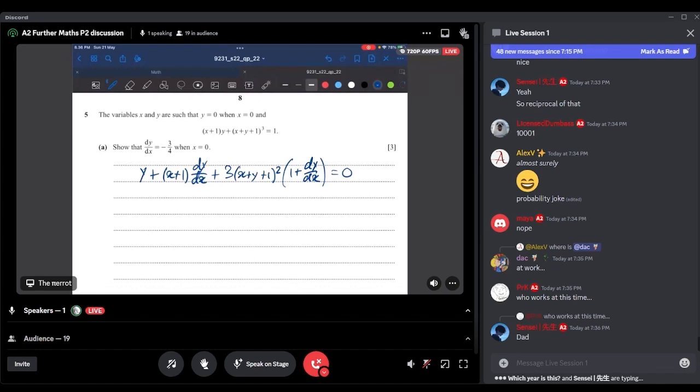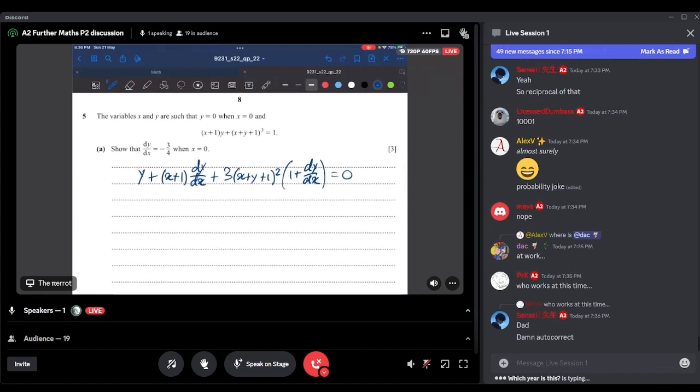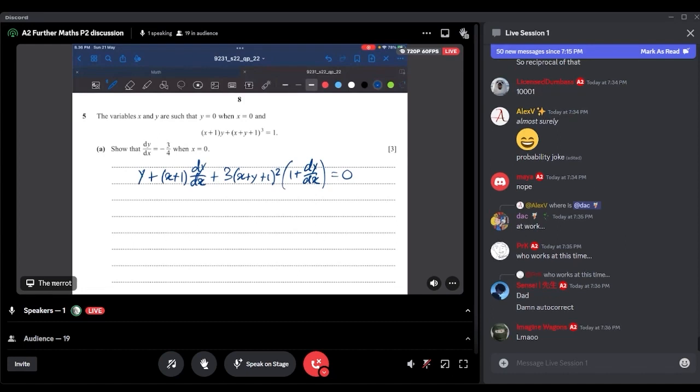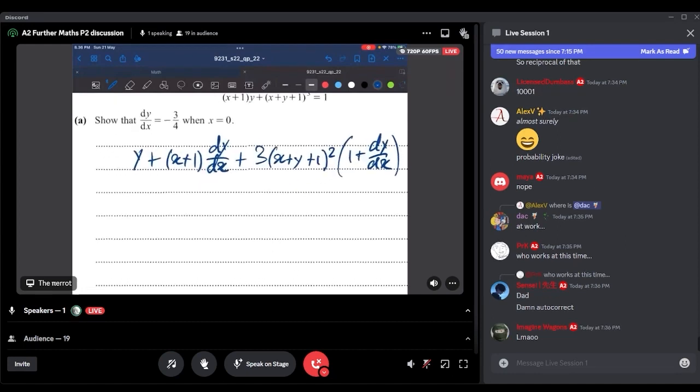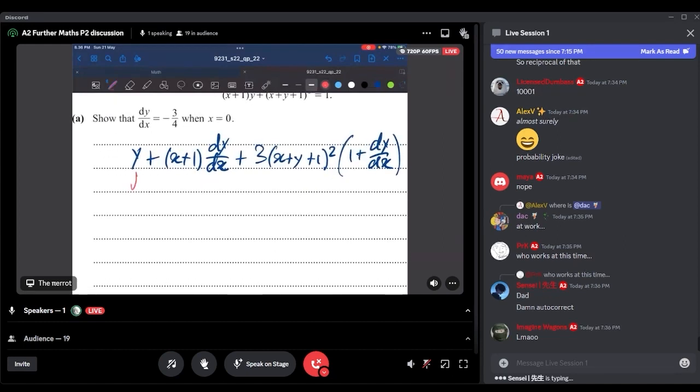Right. So now we're looking for the value of dy/dx when x is 0. But when x is 0, that means y is also 0. So let's just plug everything in. So y is 0. This just goes to 0. When x is 0, then this whole thing just becomes 1. Actually, I'm just going to write it instantly.